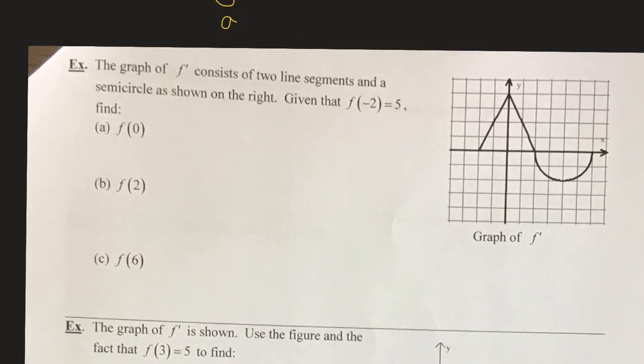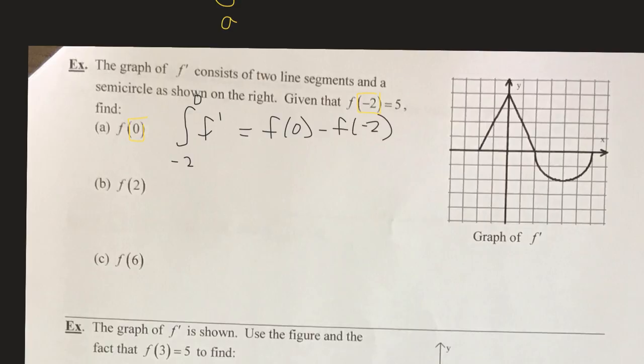So if I have 0, which one is lower, -2 or 0? -2 is. So I'm going to be finding the integral from -2 to 0 of my derivative function, and that's going to be f of 0 minus f of -2.